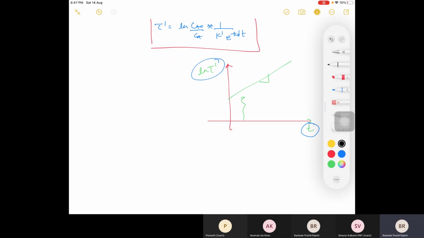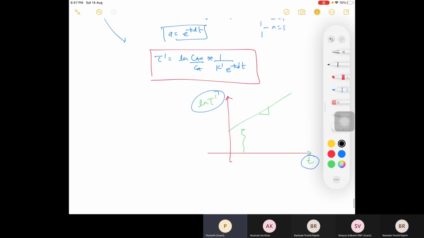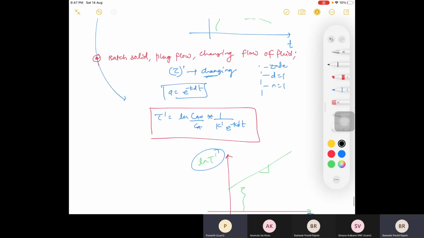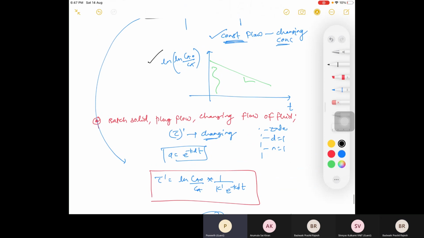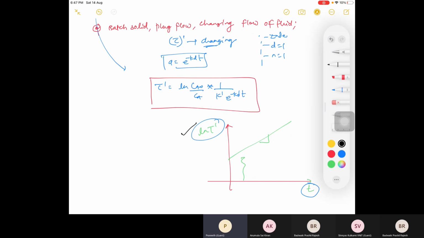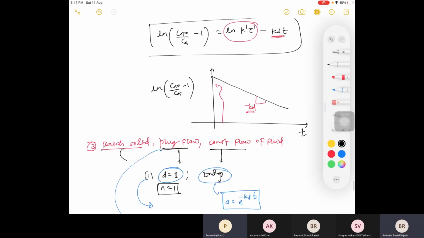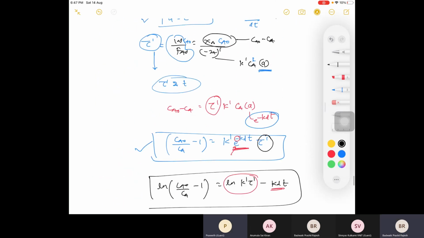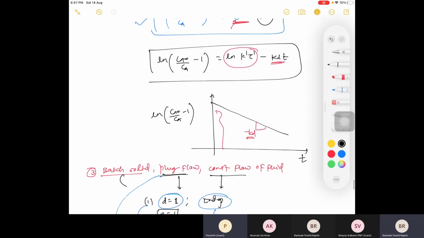Then we'll see the effect of pore diffusion, right? Sir, for the second case also, I think we have to draw ln tau bar and t. Which case? The second case, mixed flow varying. Yes, here it should be tau.